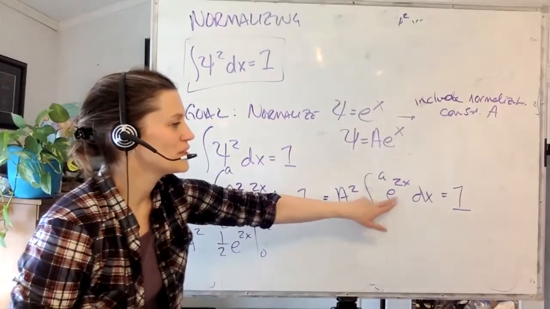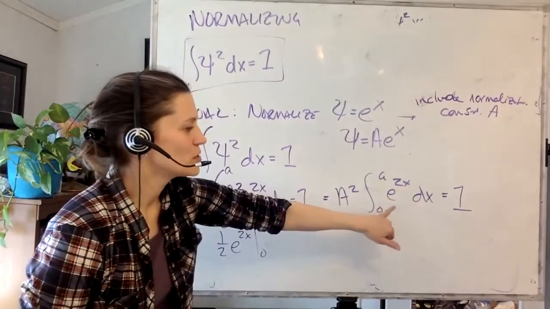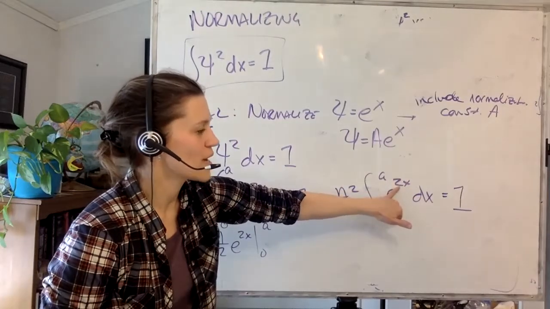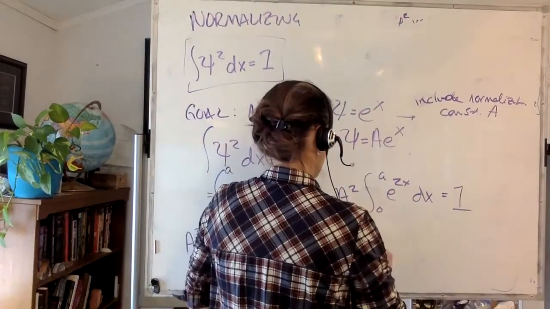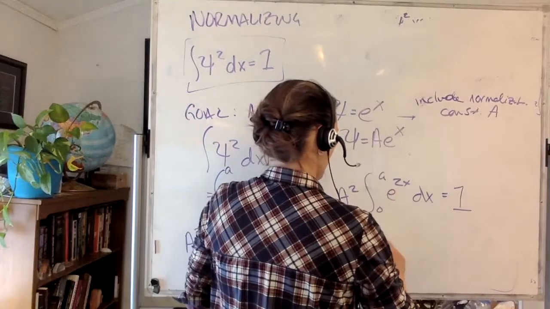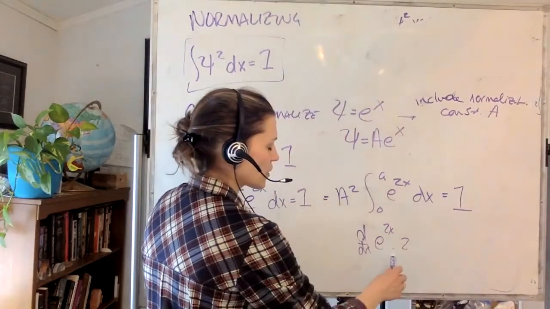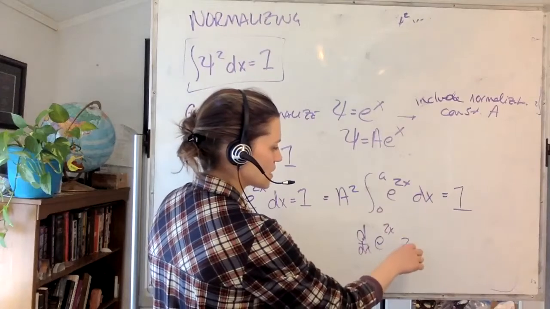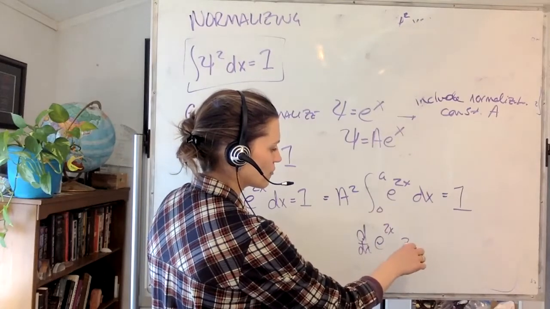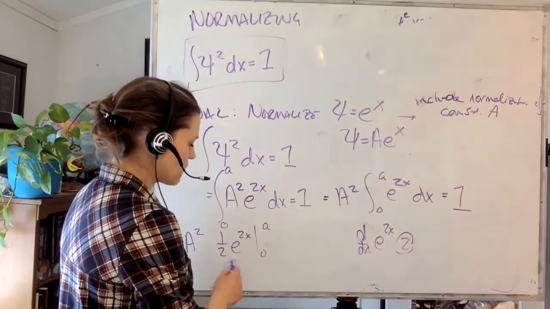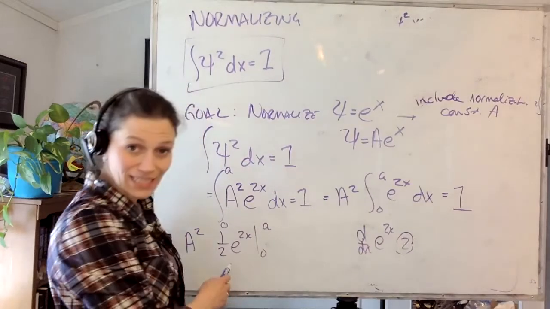The integral of e to the 2x dx: if I take the derivative here, I get e to the 2x multiplied by 2. So to take the antiderivative, I want to have a 1/2 in front, and then I'm going to get back what's in the integrand.